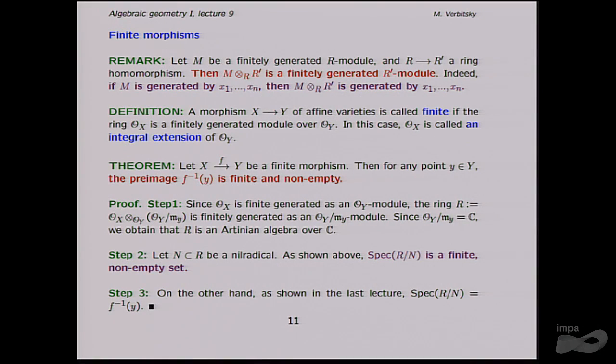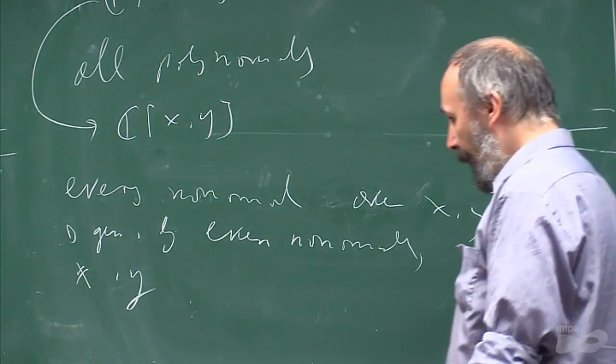If you divide it by x or y, you will obtain an even monomial. So odd monomials are even monomials multiplied by x or y. So this is an example of a finite map.